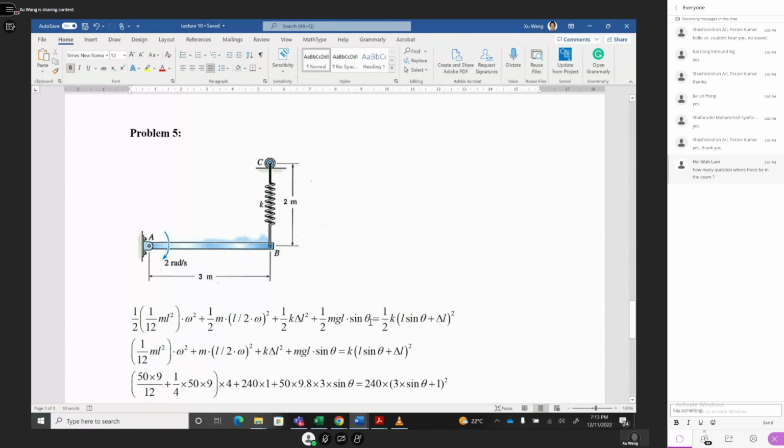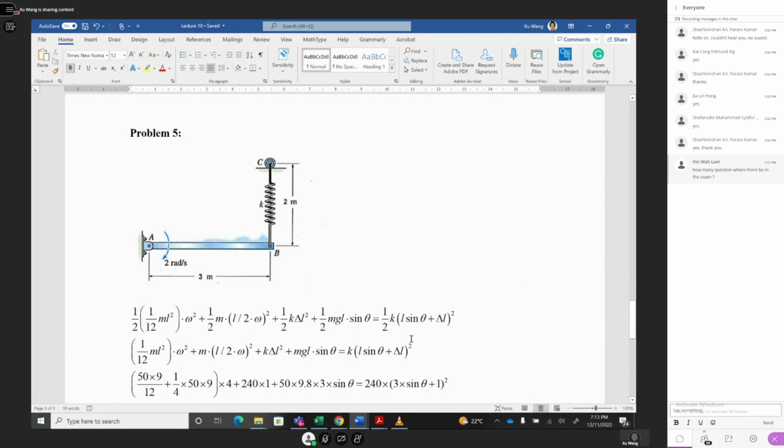So MG L sine theta divided by 2. This is the gravity potential energy in this position. This one, gravity potential energy, spring potential energy, and the bar kinetic energy with rotation and also center of gravity moving kinetic energy should be equal to the second position.